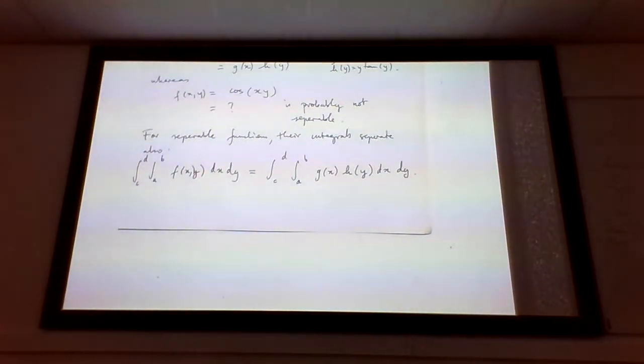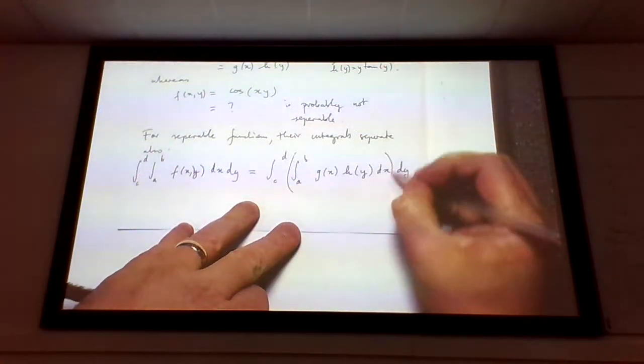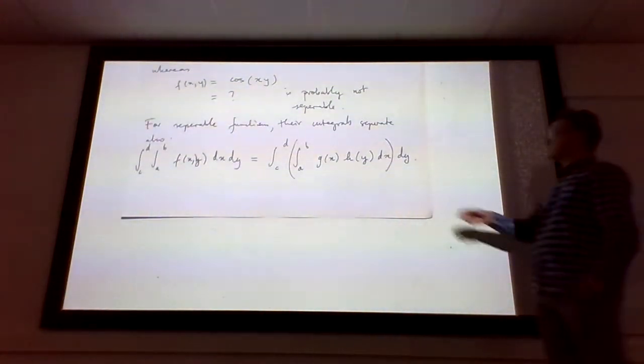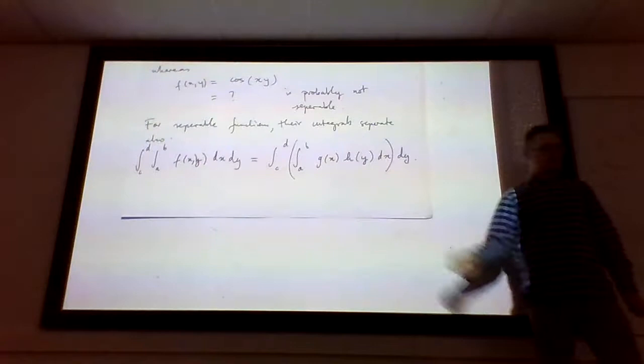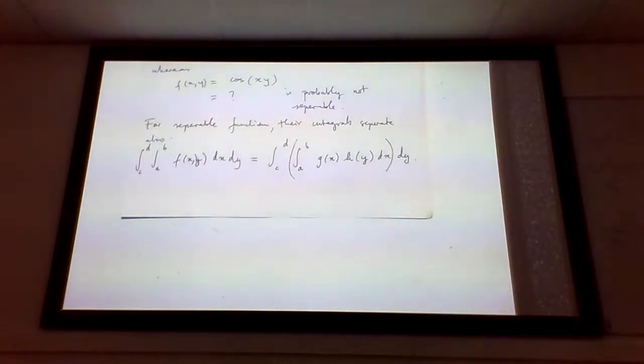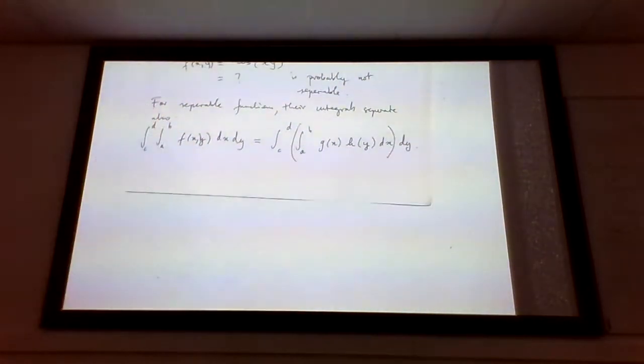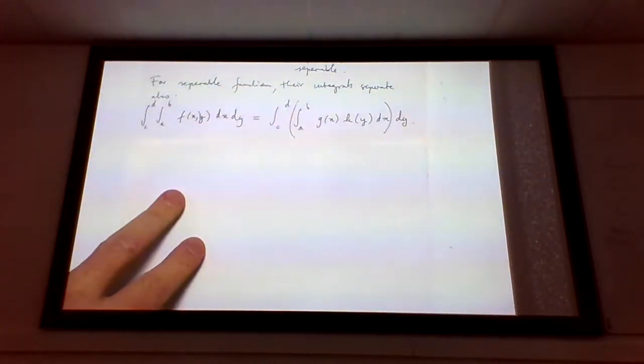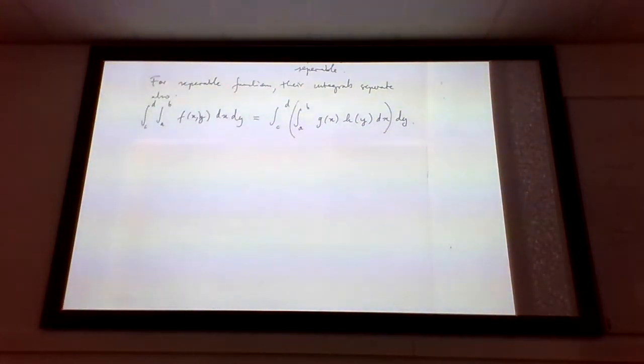Because the inner integral, and this is one integral inside another, is integrating with respect to the x variable. So just as in partial differentiation, in partial integration, when you're integrating with respect to the x variable, the y variable is treated as a constant. Their integrals separate also.